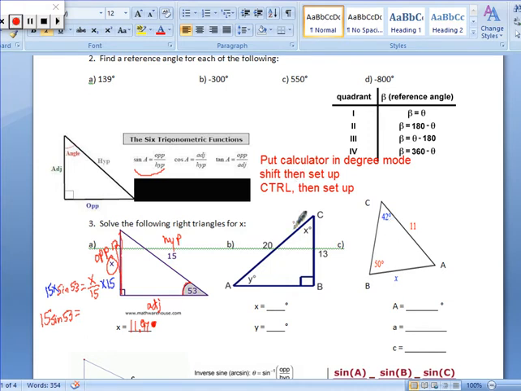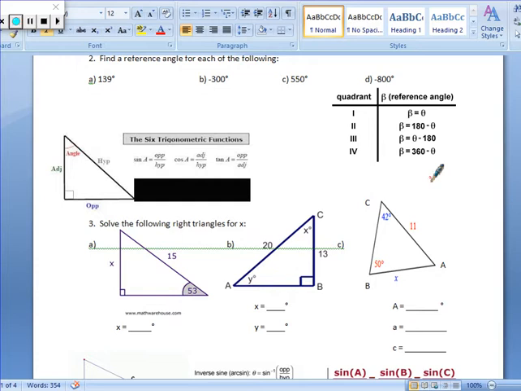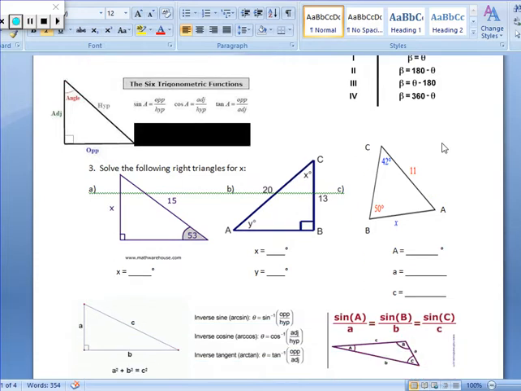Over here, we have two angles. And let me go ahead and clear that out, because we're going to use this stuff right here. That's how you find your angle measure. You see these thetas right here.